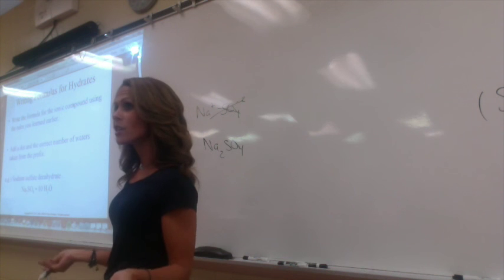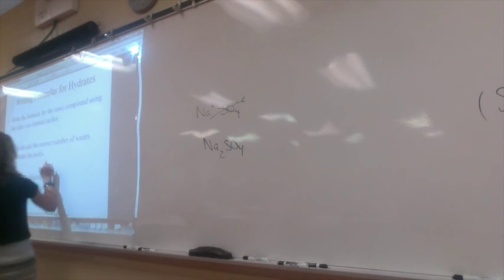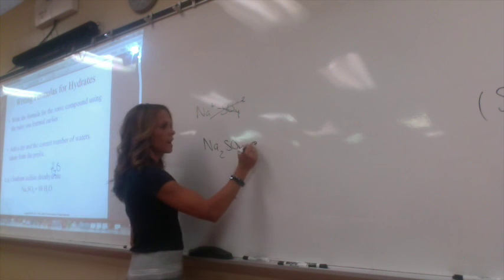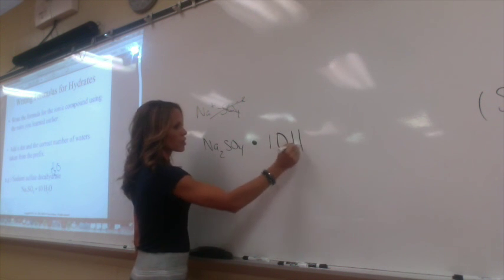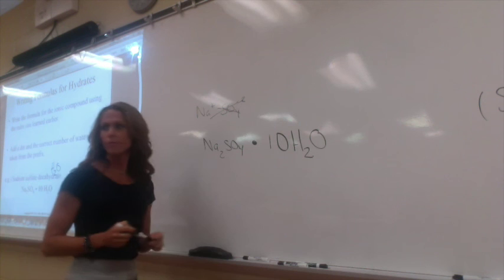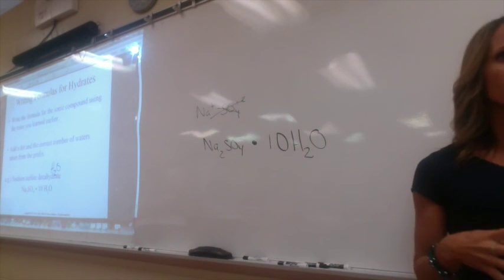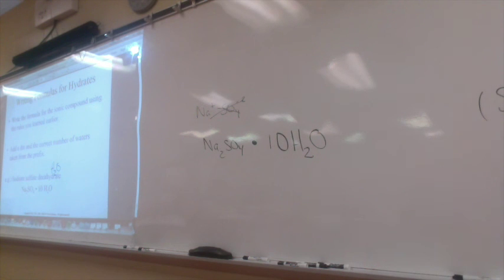Hydrate means water. So when you see the word hydrate, you write H2O. Deca means 10. You add a dot, then you write 10 H2O. So now I know that this is a hydrate with 10 waters trapped within this crystal lattice. Don't forget your dot, don't forget the 10, and hydrate's always water.